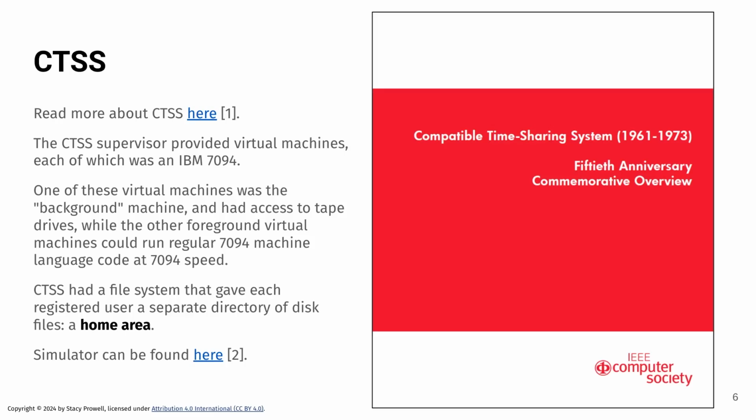And it had a file system, and of course everybody had to have their own files, and so you had the home area, right? There's not a home area on a Commodore 64. There's not a home area on an Apple II, and there weren't home areas on machines prior to this, but now there are. Okay? If you'd like to play with it, there's a simulator available online, because of course there is.